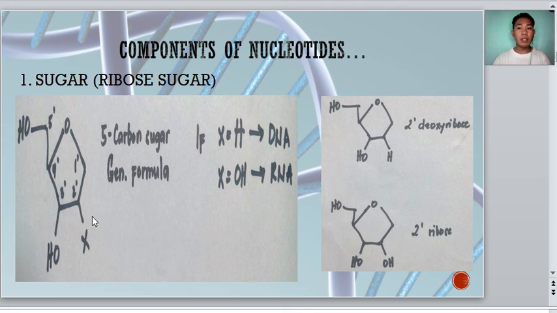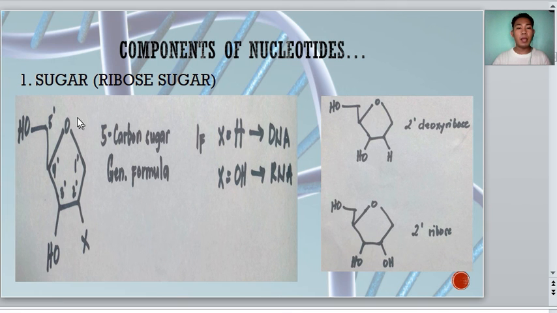So we start numbering the carbons of the ribose sugar starting here: 1 prime, 2 prime, 3 prime, 4 prime, and 5 prime. Notice in our sugar, we have 2 OH groups attached to 3 prime and 5 prime of the ribose sugar.